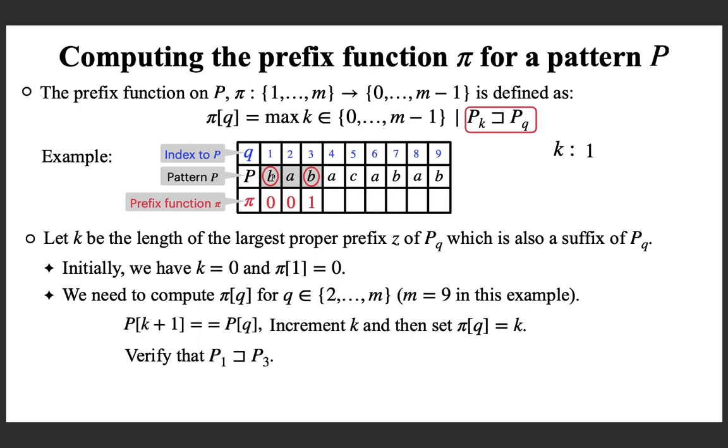Length 1 is B, which is also a suffix of BAB, is what we are looking at. It is correct, and so the value of pi 3 is 1 means the length q prefix of P is having a prefix of length 1 which is B, which is also a suffix.